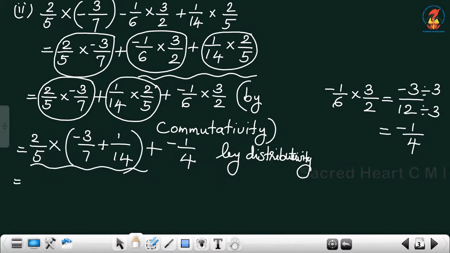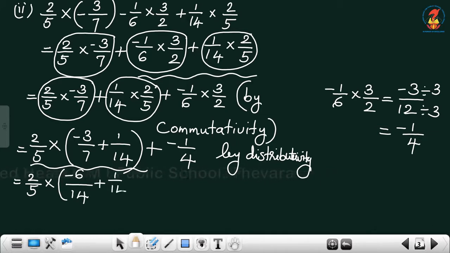Then equal to 2 by 5 into, take LCM of 7 and 14, the LCM is 14, therefore we can write like this, negative 6 by 14 plus 1 by 14 plus negative 1 by 4.